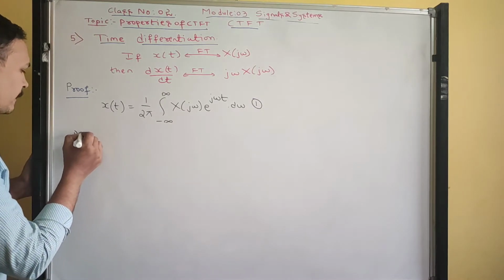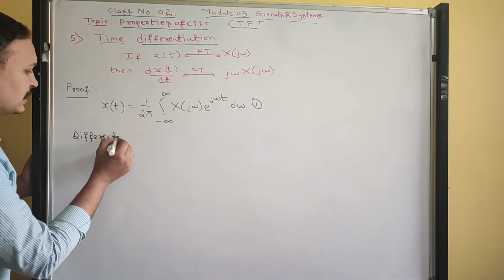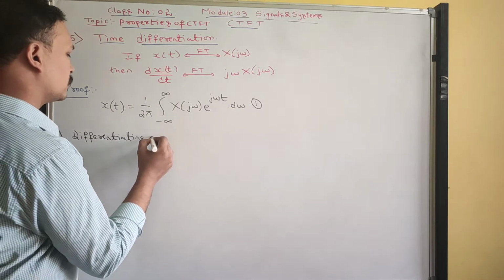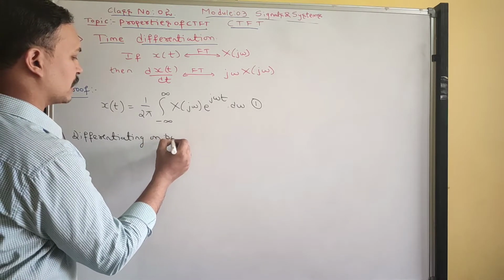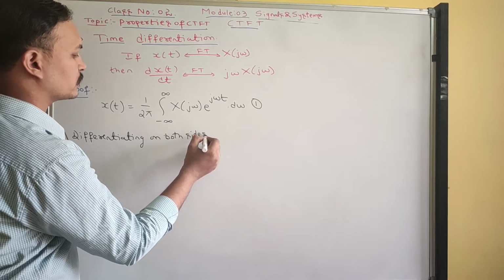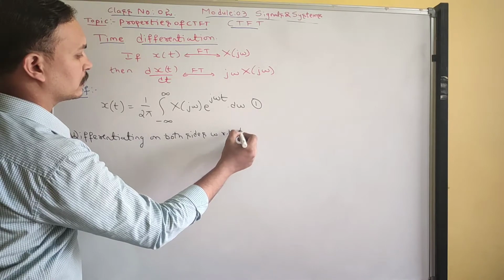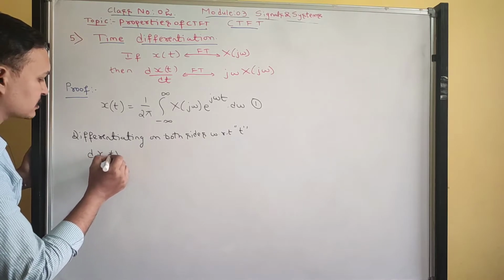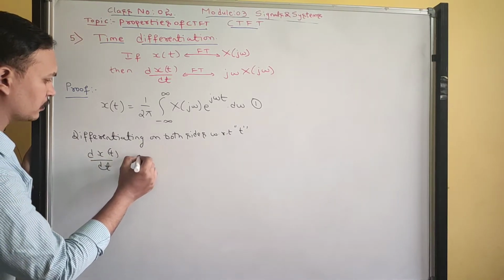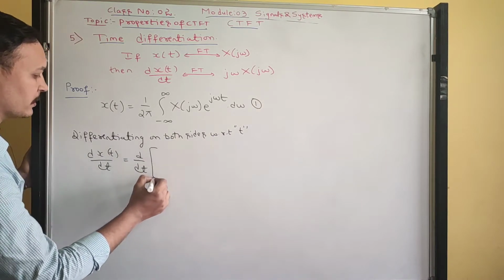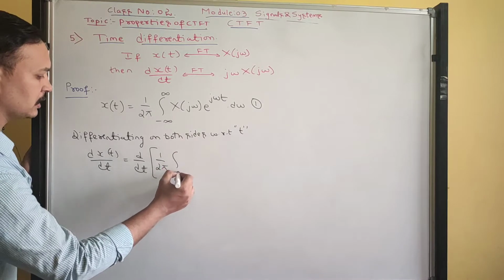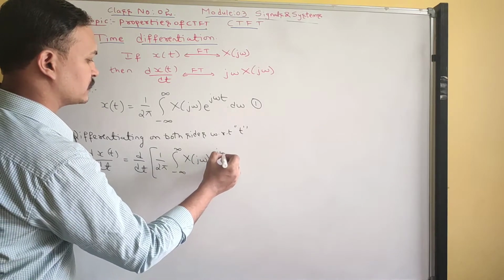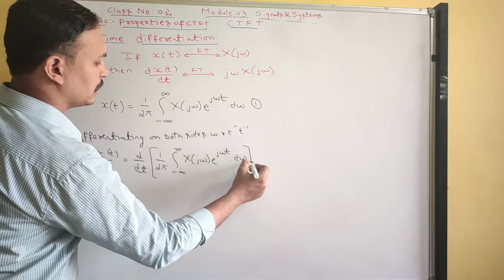Now differentiating the above equation on both sides with respect to time, we get dx of t by dt is equal to d by dt within the bracket 1 by 2 pi integral minus infinity to infinity x of j omega into e to the power of j omega t into d omega.